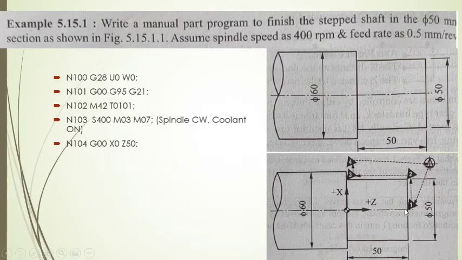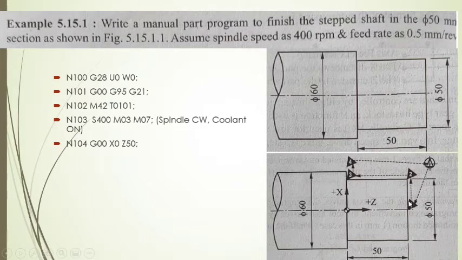Now the tool is supposed to move towards point number 2, and we need to have a feed rate because this is a finishing operation, and the feed rate is 0.5. So whenever the machining operation starts, we should use G01 for linear movement, because this movement is linear.